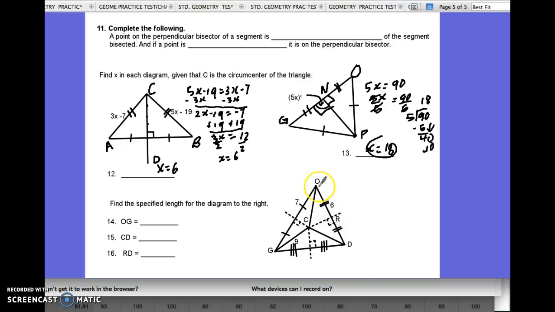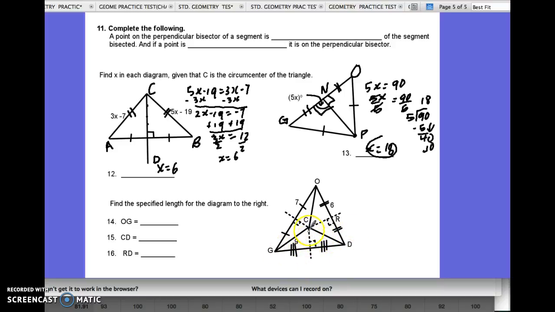And we have the perpendicular bisector of segment OD. Here it is, this little dash line, perpendicular, and it bisects OD. Why? Because RO is the same as RD. And finally, the third perpendicular bisector, that of GD, comes through here, perpendicular, and it bisects GD. So that's why you see these three tick marks here, saying that this distance is the same as this one.